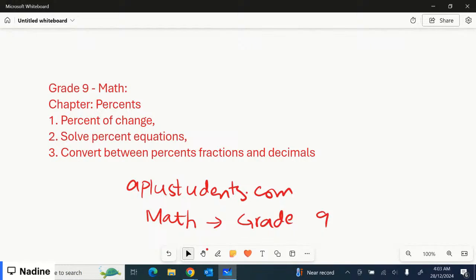The lessons we're going to cover today are percents of change, solve percent equations, and convert between percents, fractions, and decimals.